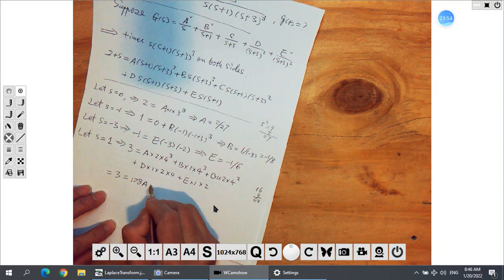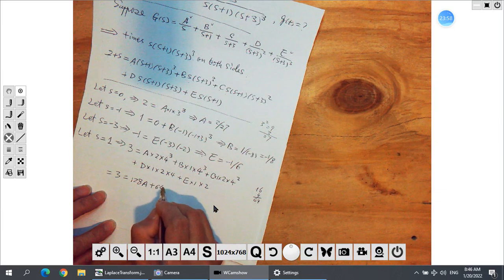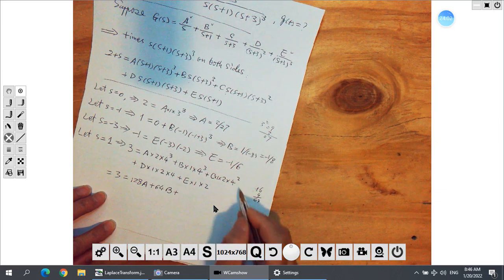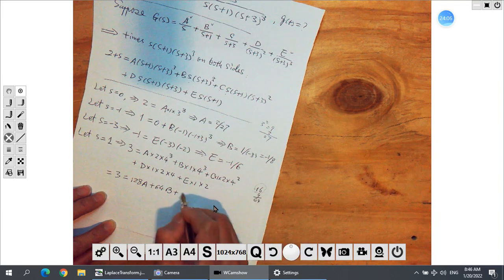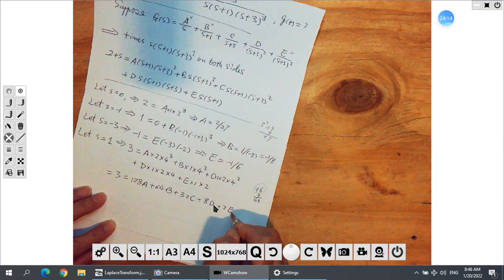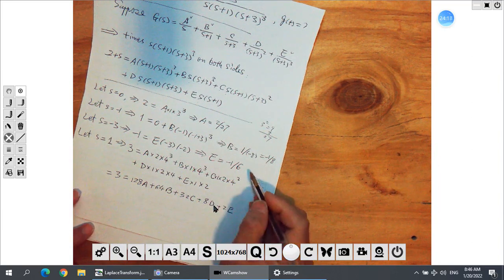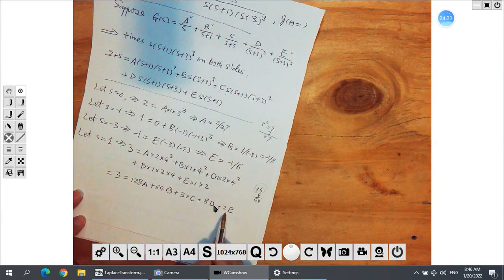And the b is just 64b. And c is now square. Square is 16. 16 times 2 is 32c. And the d is 8d, and a is 2e. It is long, but we can plug in the values because we already know a and b and e.